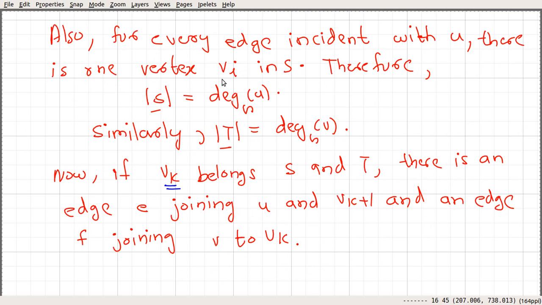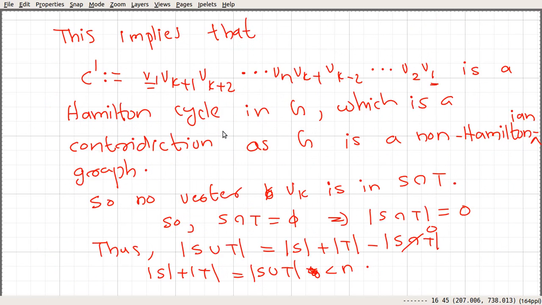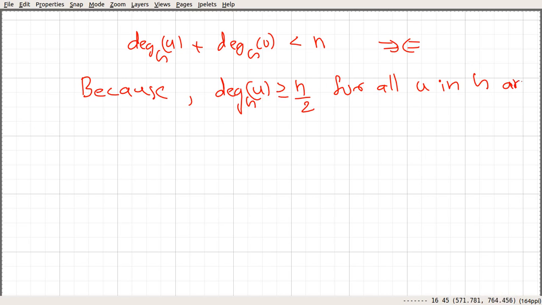So we started with something like this, right? The hypothesis of the statement says the degree of each vertex in G is greater than or equal to n by 2, for all U in G. If this is the case, then we consider these two vertices, and again that must be satisfied.